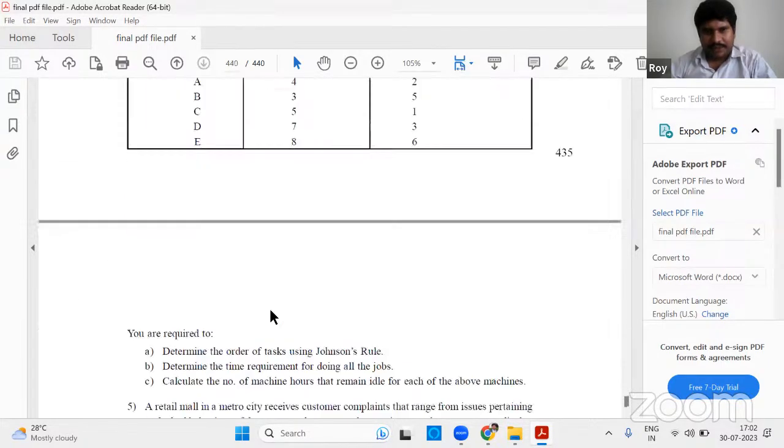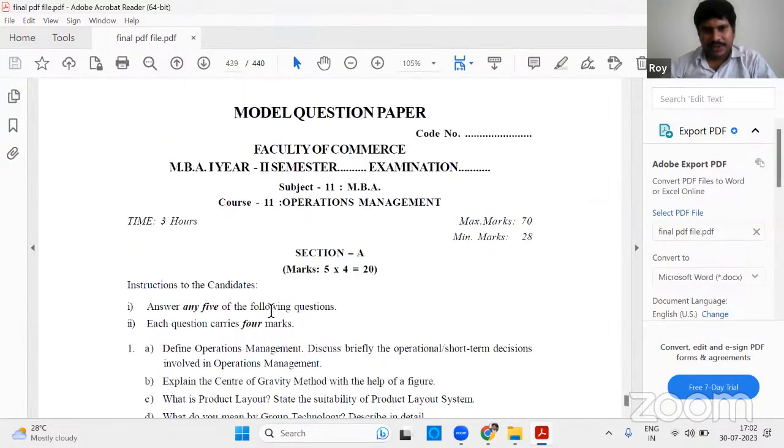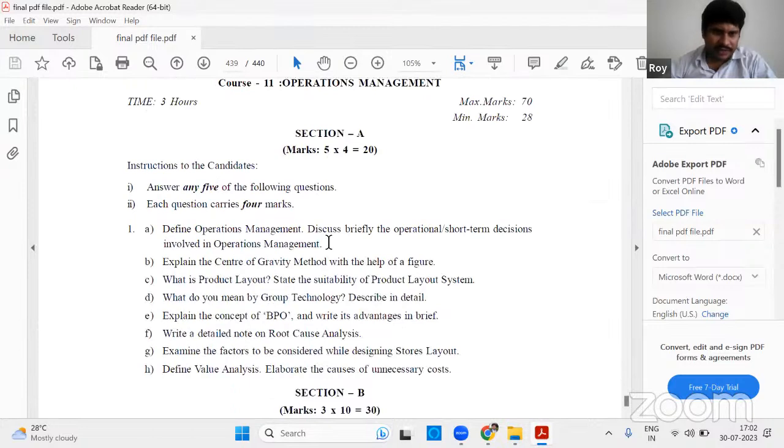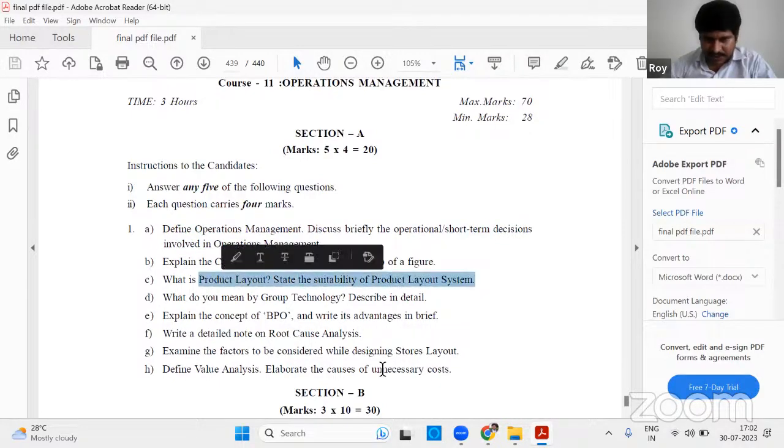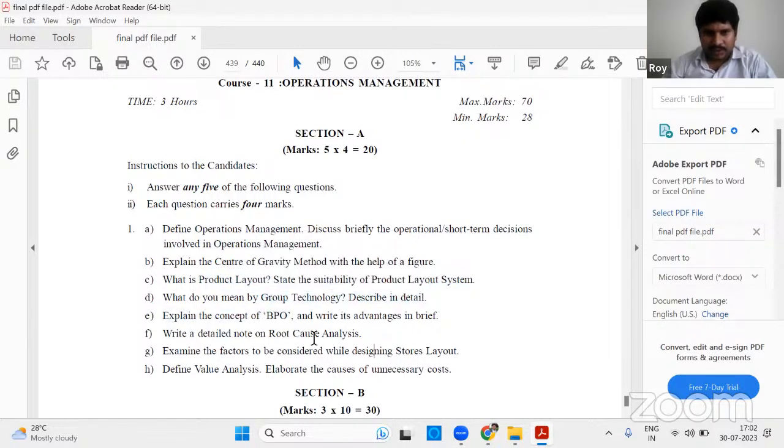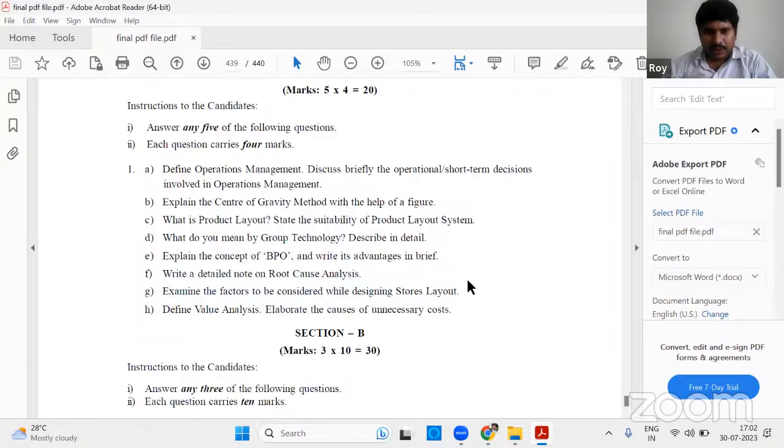Okay, right. So there is a sample question paper. Just go through this. If you understand this: defining operation management, plant layout, types of layouts. Just now previous unit only. BPO, right? Root cause analysis, stores layout, value analysis.